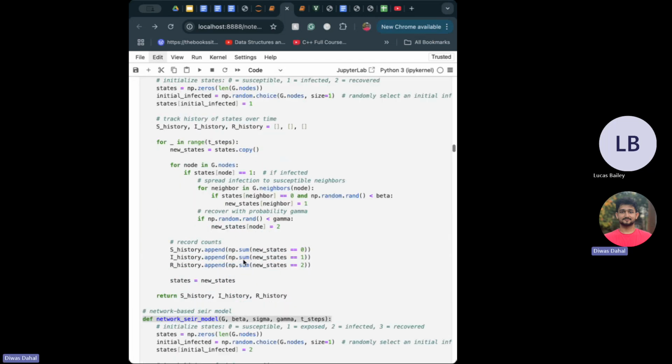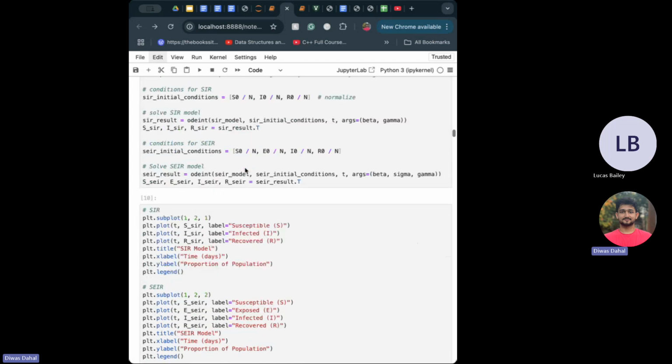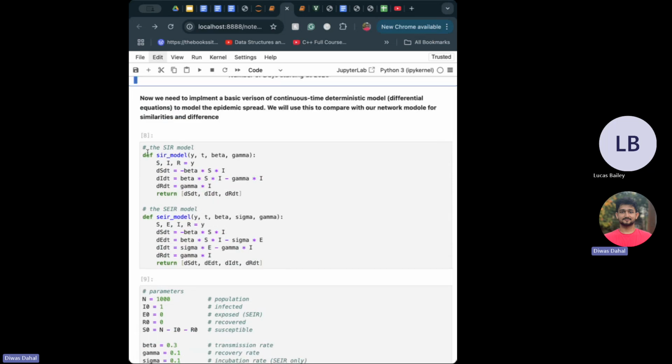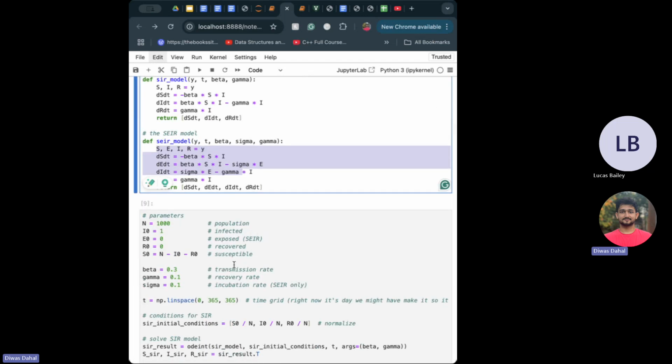To reiterate our hypothesis, we wanted to look at how underlying network structure influenced the epidemiological outcomes of a disease spread. We modified our initial SIR and SEIR models with a time step of 300.